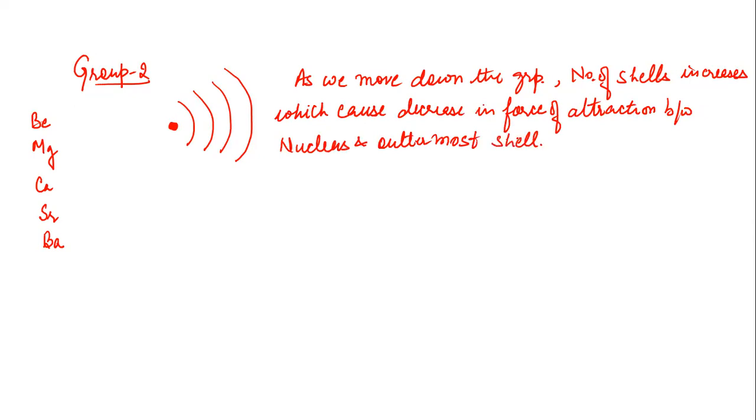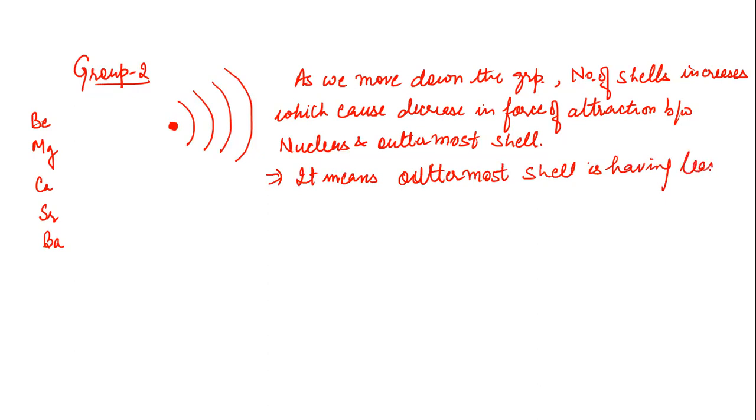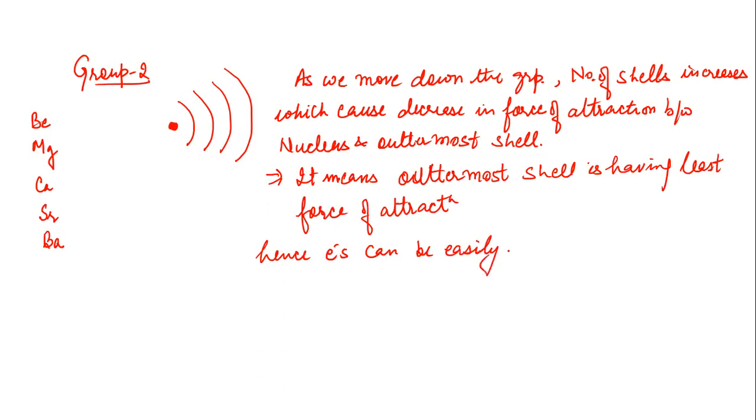Clear? So it means the outermost shell has the least force of attraction, and hence electrons can be easily removed.